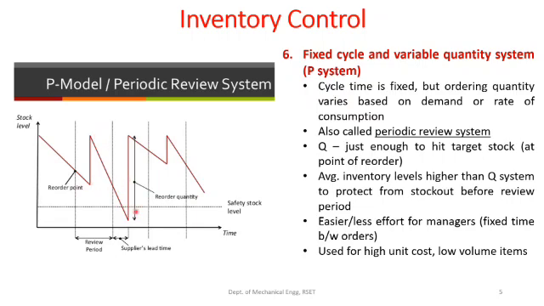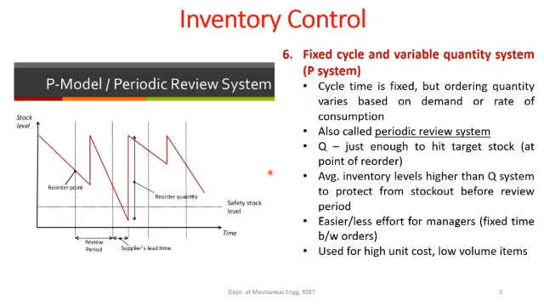In the second cycle you can see that the demand was so high that by the time they placed the order and received the reorder, the stock level had already plunged into the safety stock or the buffer stock. But if the rate of consumption or demand is even higher, you generally have a chance of stock out, where you end up with no items in the inventory that can be supplied. So that condition might also exist.